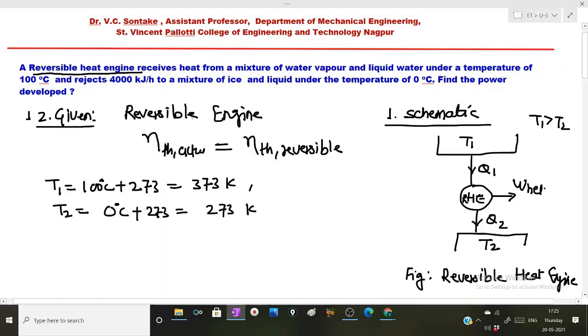And it rejects 4000 kilojoule per hour to a mixture of ice and liquid. So what is this 4000 kilojoule per hour, whether Q1 or Q2? Since it is rejected to the body at a temperature of 0 degrees Celsius and this body is the sink, this will be Q2.